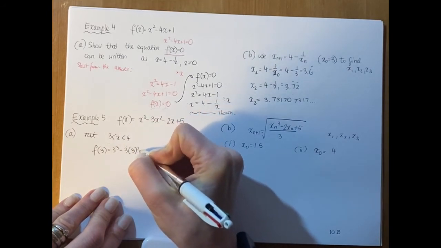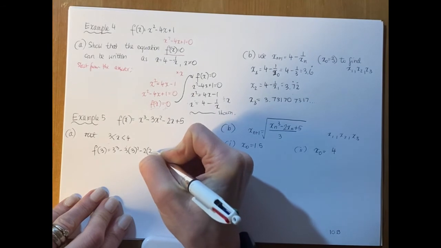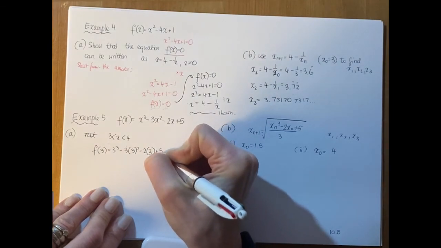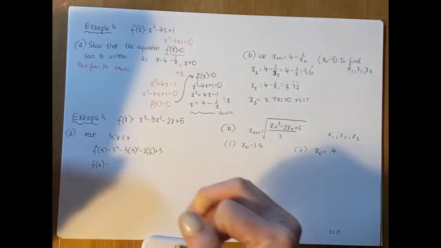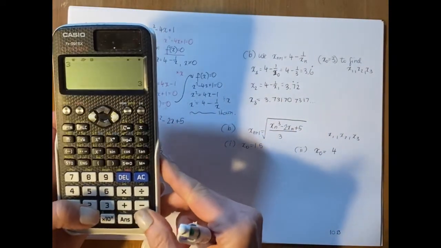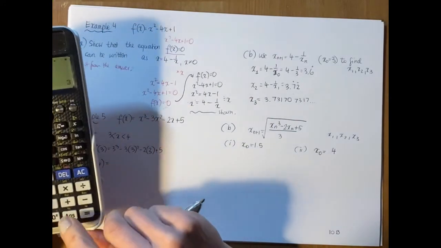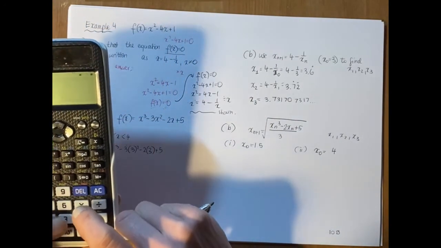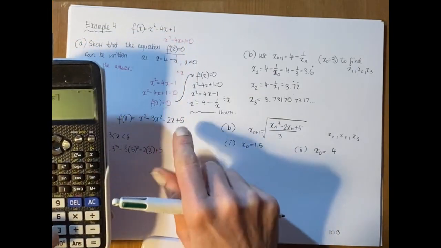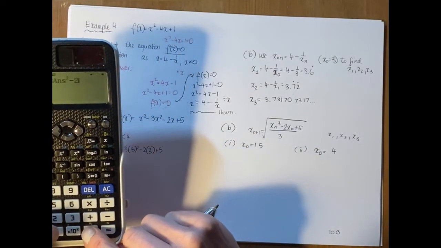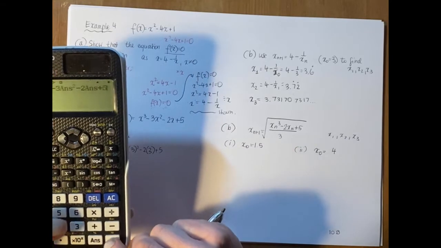Traditionally I like to show that at least substituting it properly once. Obviously everything will be done with a calculator using the ans key. So put 3 and then put the rule with ans: ans cubed minus 3 ans squared minus 2 ans plus 5.